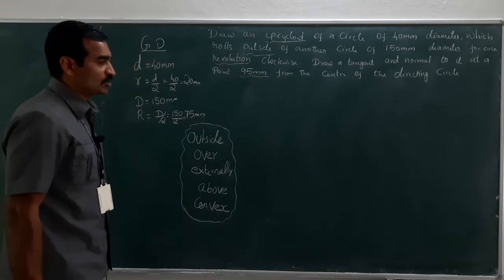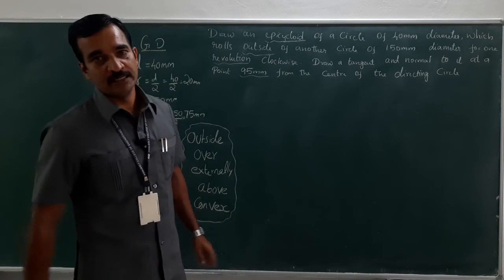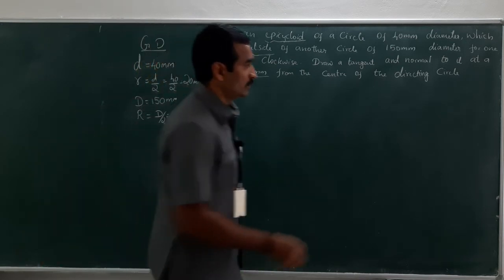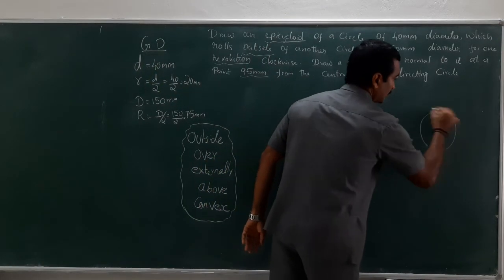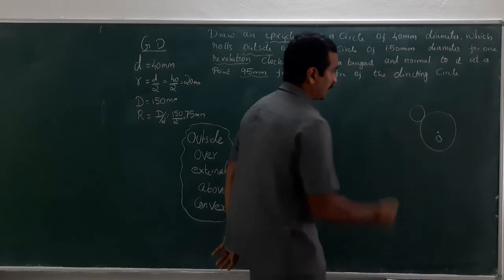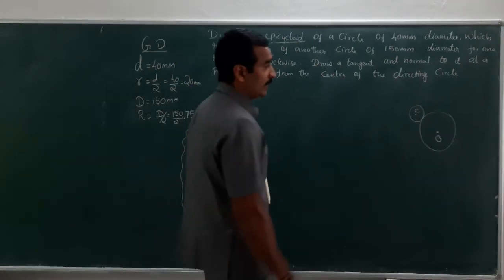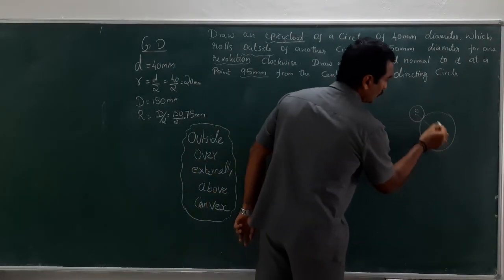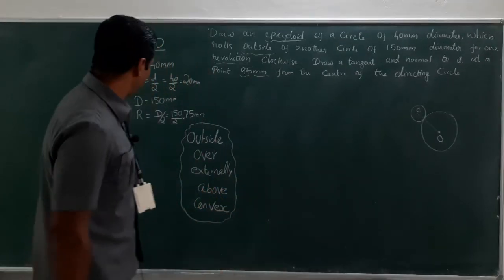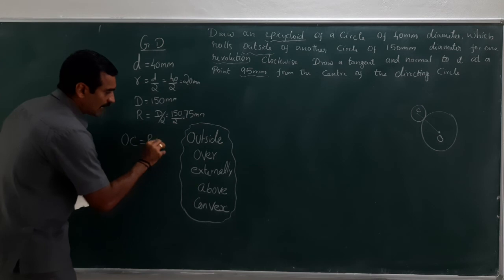First, I need to start constructing the epicycloid, for which I need to know the distance OC. O is the center of the base circle and C is the center of the rolling circle. I need to know this distance OC. So OC is equal to R plus r.